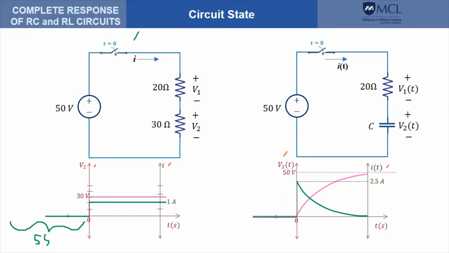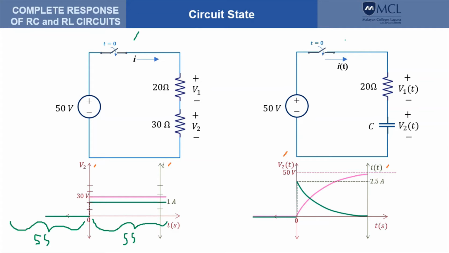And then during this period, it is also steady state because the voltages and currents are also constant. So the voltage is 30 volts and the current is 1 ampere, and it is constant regardless of time. There is no transient state because when we close the switch at t equals 0, the voltages and currents immediately go to a constant value.